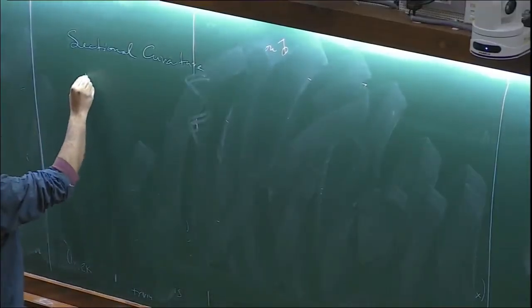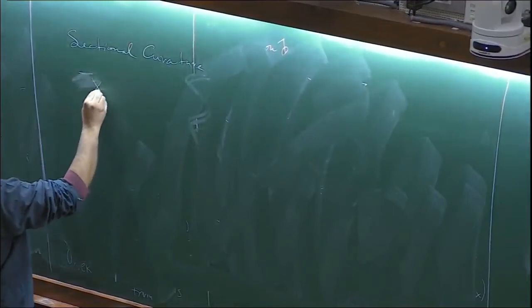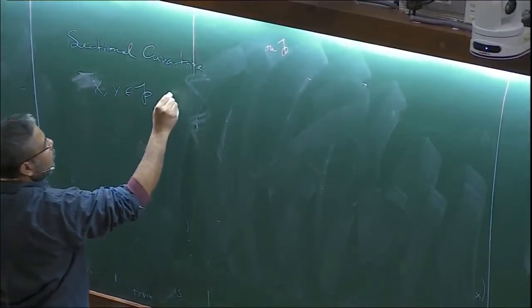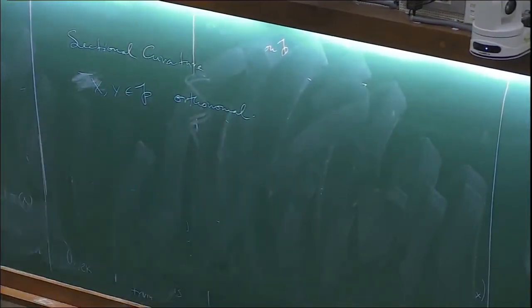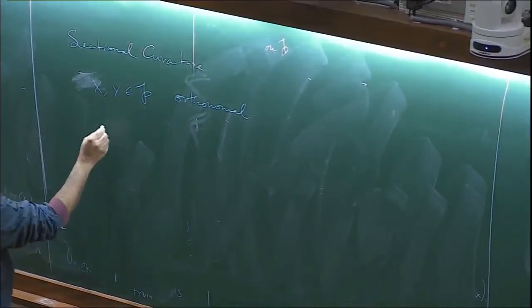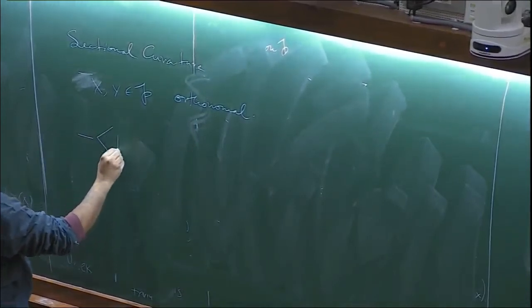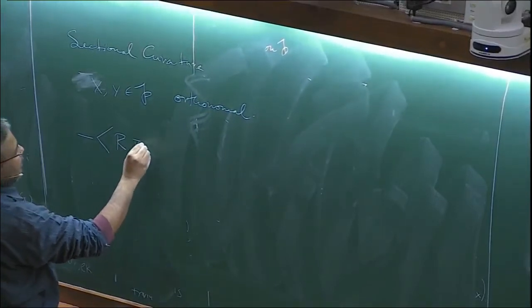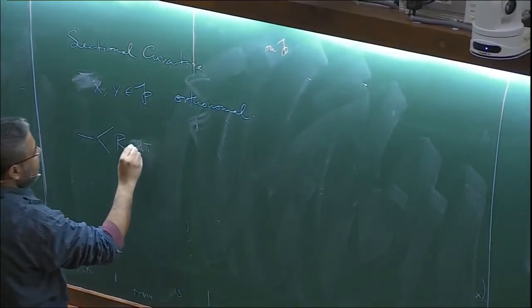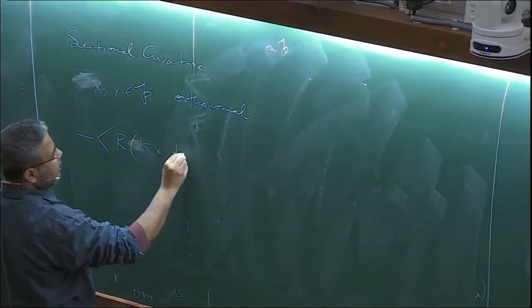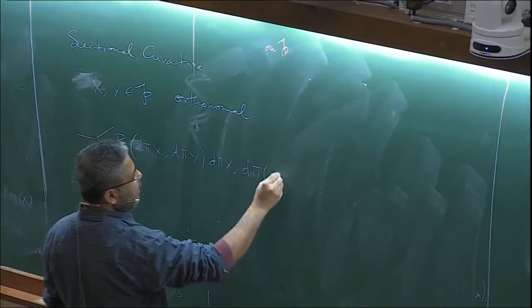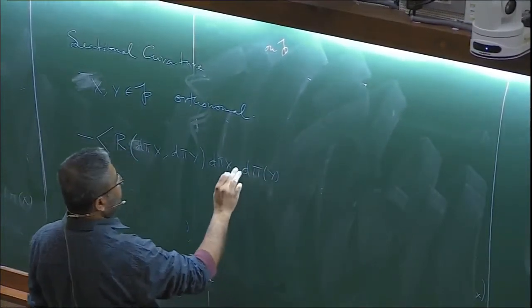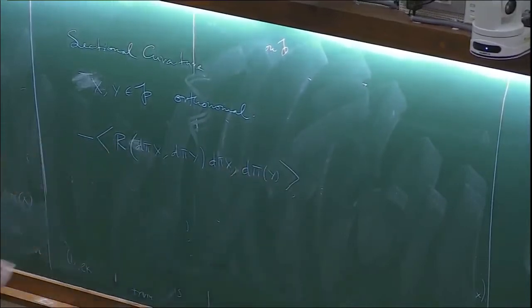I consider X, Y in P to be orthonormal, and my sectional curvature formula is dπ(X), dπ(Y), dπ(X), dπ(Y), and I have taken orthonormal, so the factor below is 1.